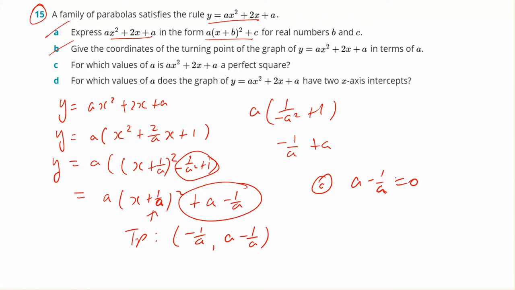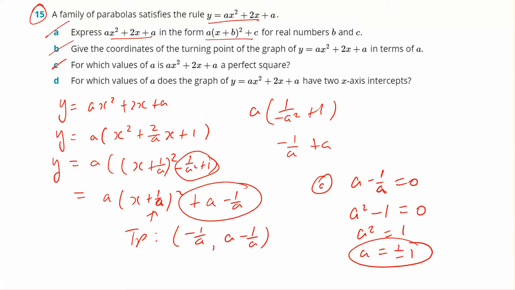I can multiply both sides by a, so I get a squared. That gets rid of the a here, because when you multiply and divide by a, that goes poof, gone. You're left with a negative 1. So a squared equals 1, and a must be equal to plus or minus 1, and that's your solution.